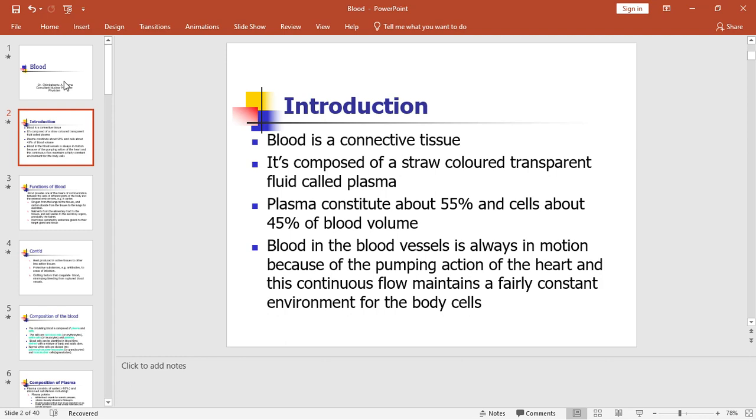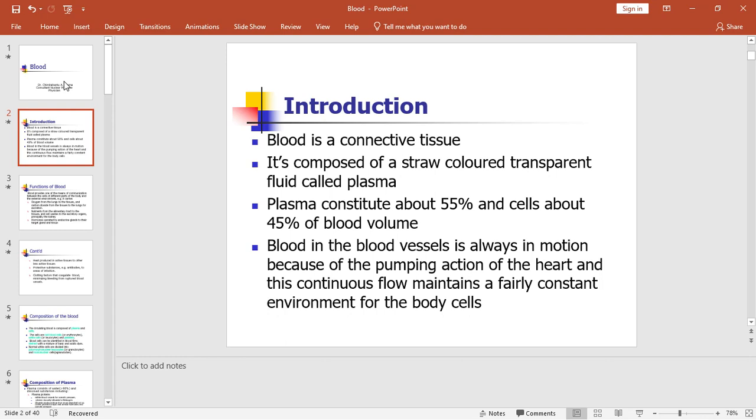Anyway, so we're talking blood today, slide one. If you remember from our discussion on the second part of the membranes and the tissues, one of the examples of connective tissue was actually blood. I'm sure you may know already that blood is composed of a liquid part and of cells.